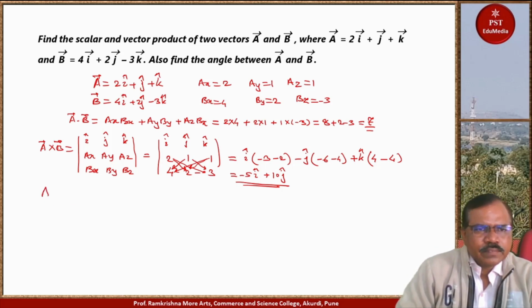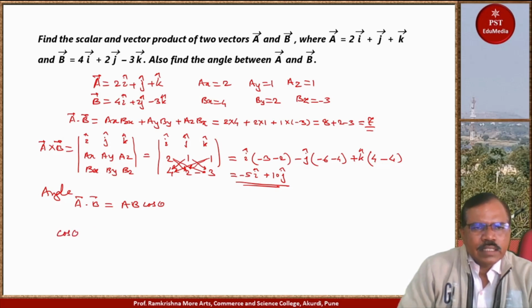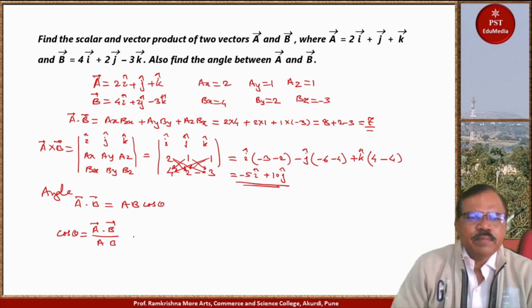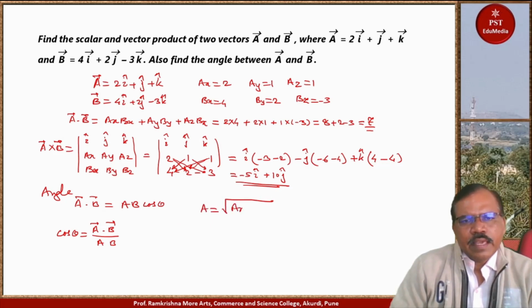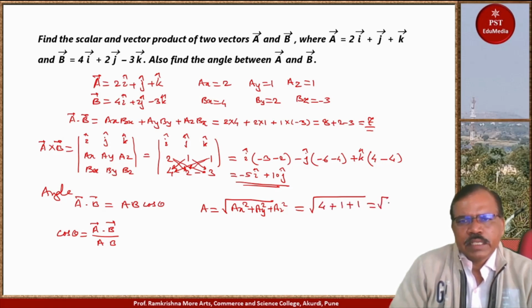And for the angle, we have A dot B is equal to AB cos theta. So cos theta is equal to A dot B divided by A into B, where A and B are magnitudes. Now A is root of Ax square plus Ay square plus Az square, that is 4 plus 1 plus 1, so root of 6.